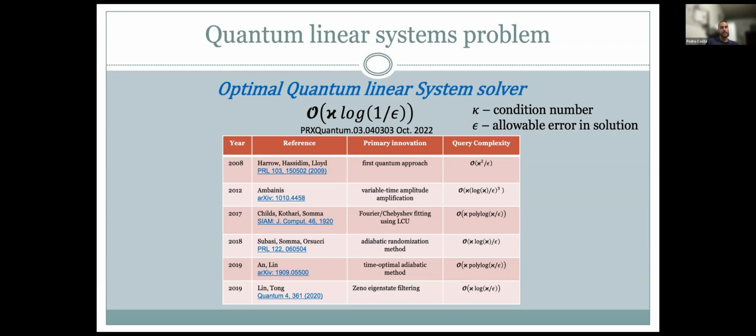I can just cite here the asymptotically optimal results that we got from our latest work, which give the optimal scaling in terms of the two parameters of the complexity of solving linear system problems: the condition number of the matrix we're trying to solve and the allowable error in the solution. In our latest results, we show how to do that.